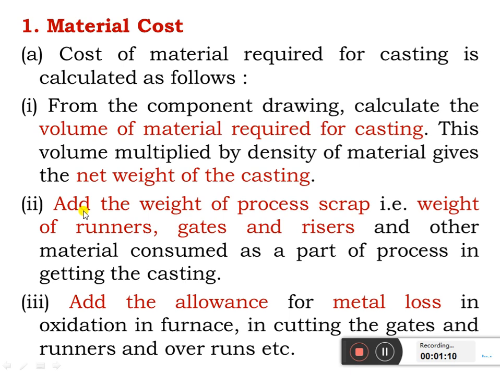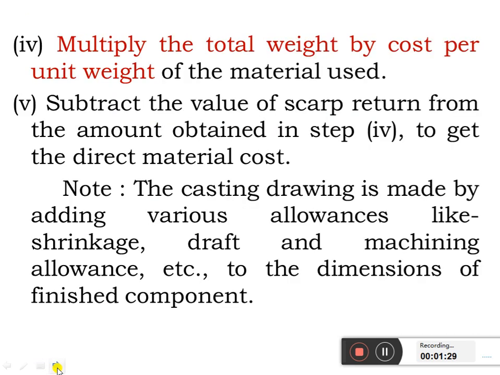And then number 3 is add the allowances for metal loss in oxidization, in the furnace, in cutting the gates and runners and overruns. So they add the allowances. And the next one is multiply the total weight by cost per unit weight of the material used.